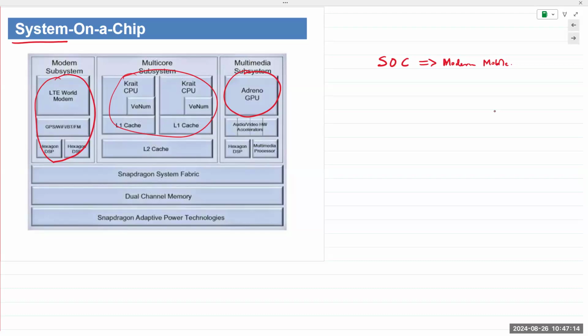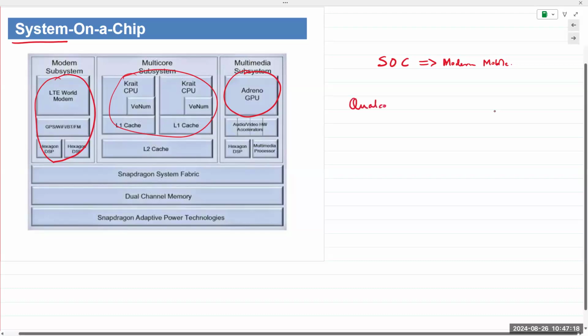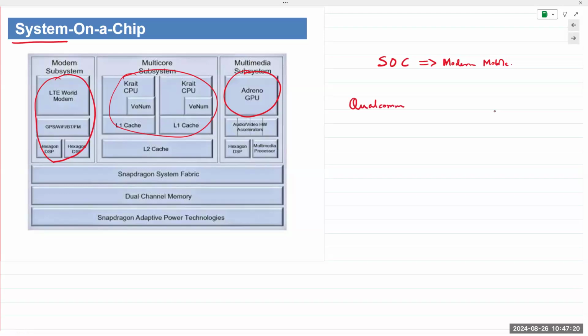By the way, Qualcomm, headquartered in San Diego, leads the world in modems since a long time ago. It holds most of the patents that were developed for modern day communications. Okay.